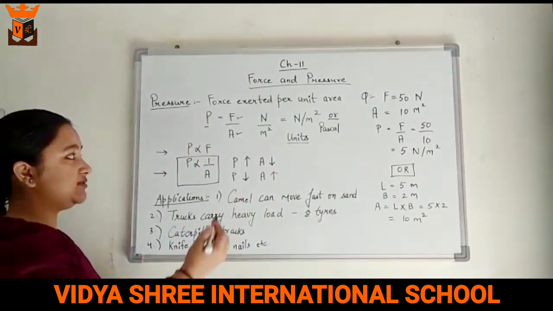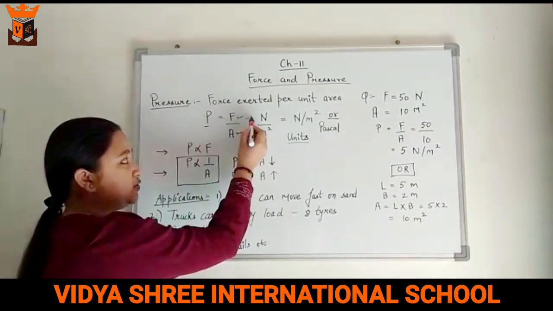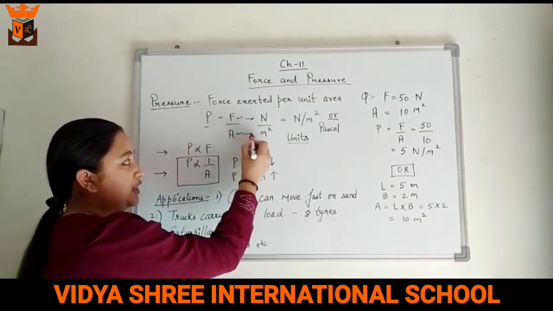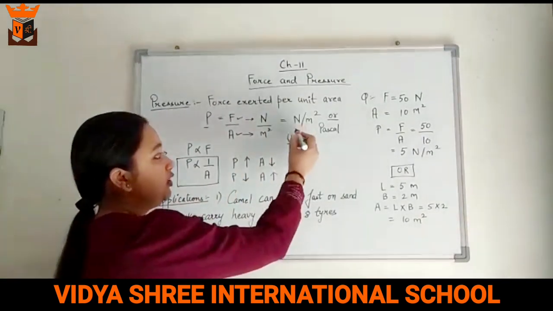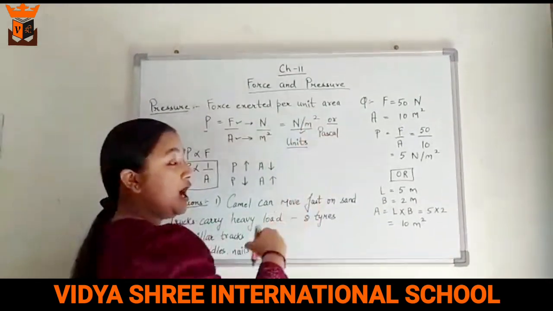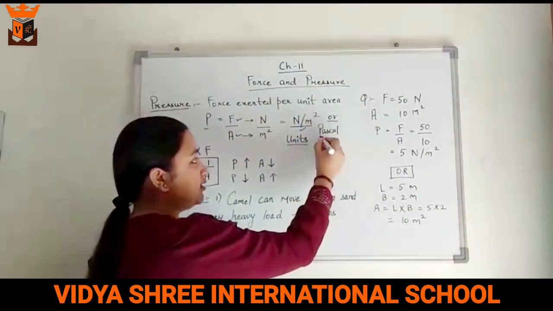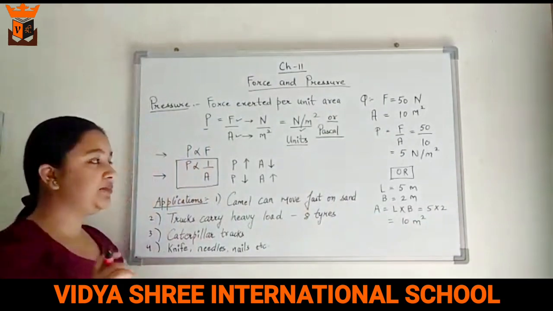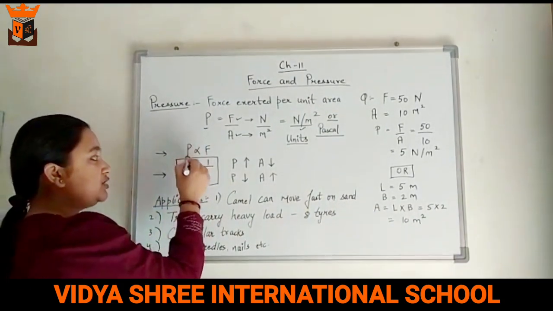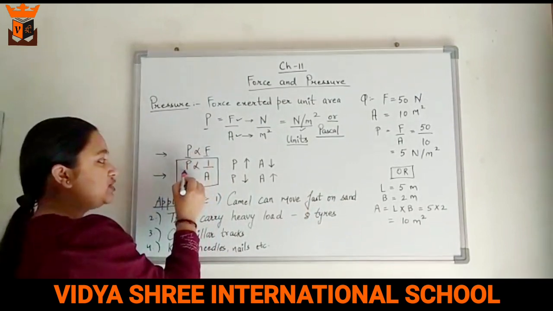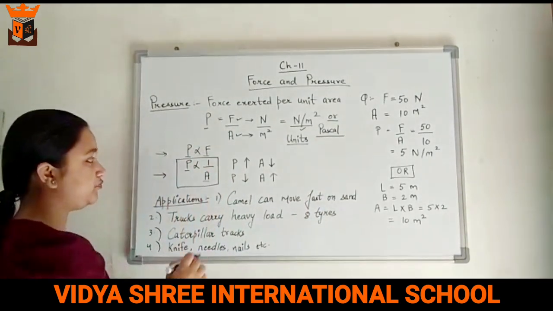Moving towards the units. The SI unit of force is Newton and the SI unit of area is meter square. Then the unit of pressure becomes Newton per meter square. Another unit of pressure is Pascal. Now the important thing to remember is the relation of pressure with the force and the area.